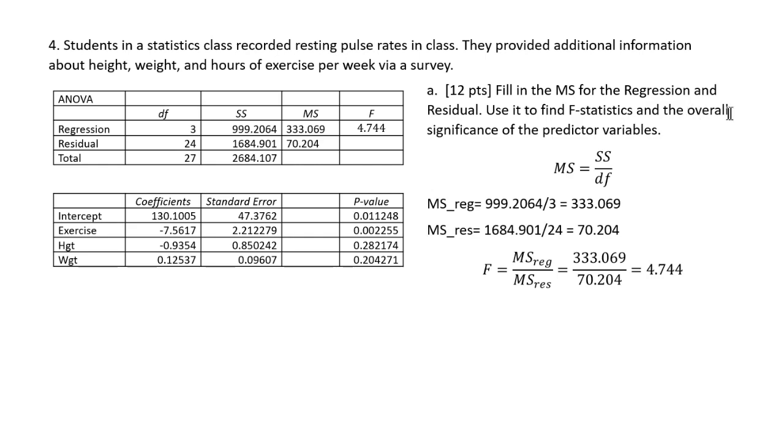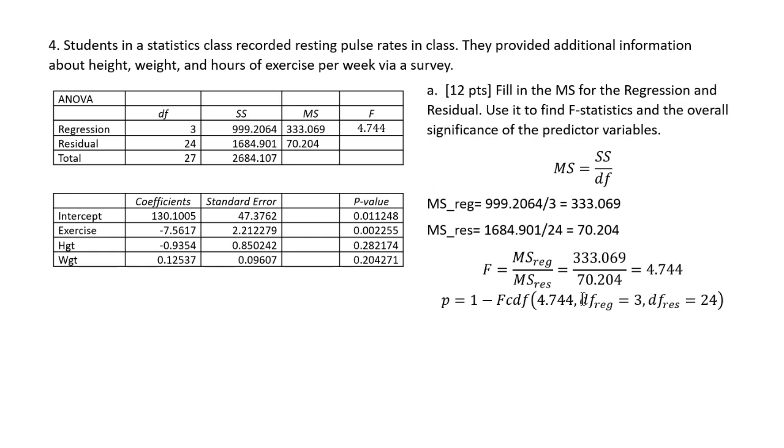But here, it's asking for overall significance. So it's really asking for the p-value. If you ran the Excel, the p-value falls in right here. But how do you get it without the Excel? Well, here's how one gets it. The p-value is the right tail, and to get the right tail, you have to do 1 minus the FCDF, the cumulative distribution function for the F distribution.